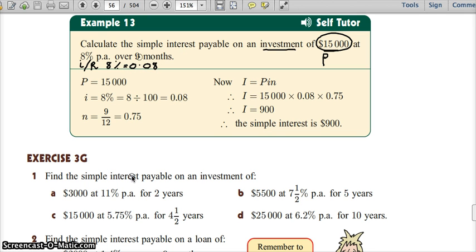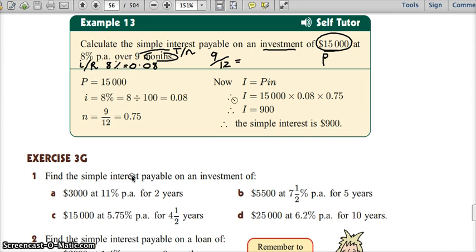And your T this time, or N, is in months. You've got to do that as a fraction of a year. So you ask yourself, how many months are there in a whole year? There are 12. How many is it invested for? In this circumstance, 9.